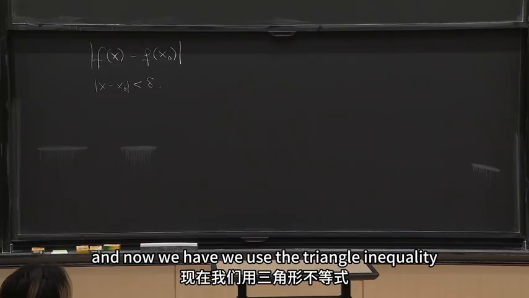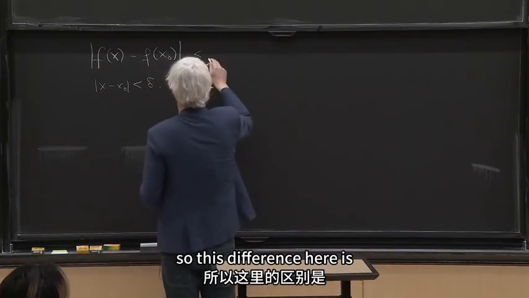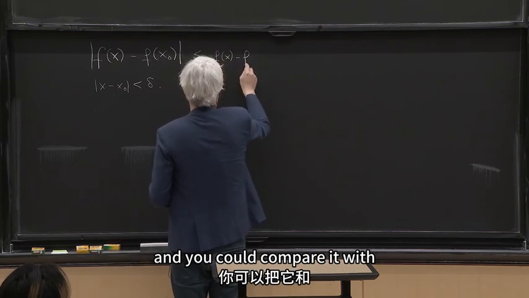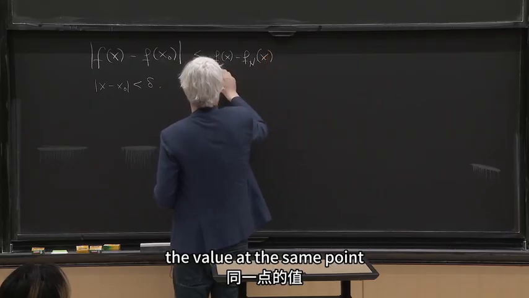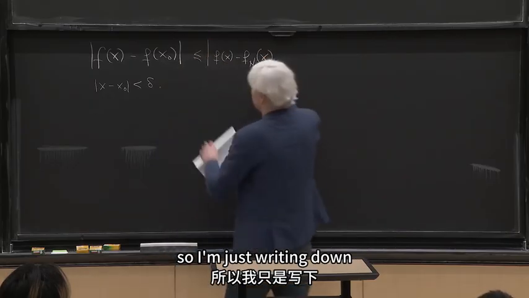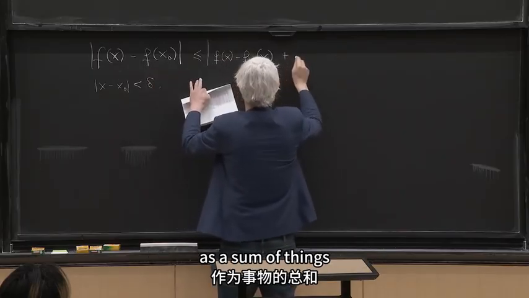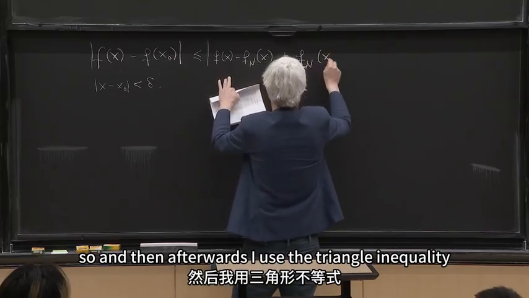And now we use the triangle inequality. So this difference here, you could compare it with the value at the same point. I'm just writing this difference down as a sum of things, and afterwards I use the triangle inequality.